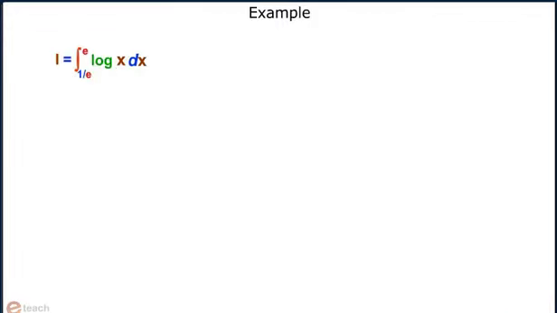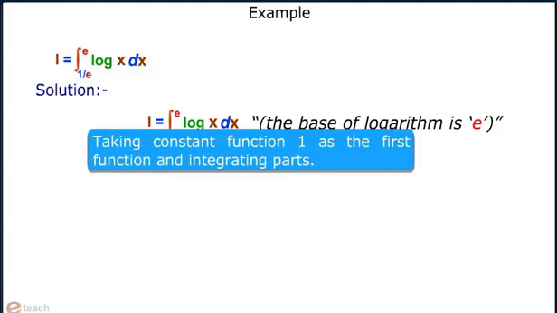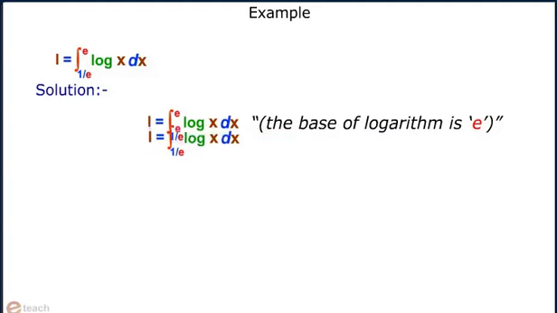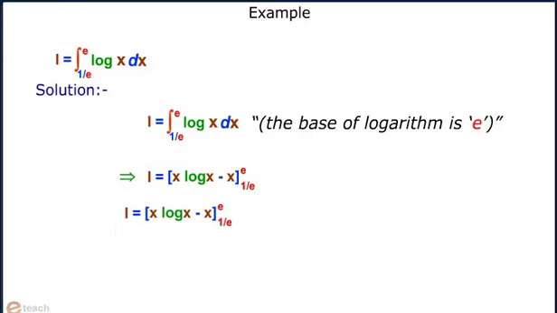Let's take an example. I equals integration 1 by e to e log x dx. Taking constant function 1 as the first function and integrating by parts, we get I equals x log x minus x with the limits 1 by e to e, which is equal to 2 by e.